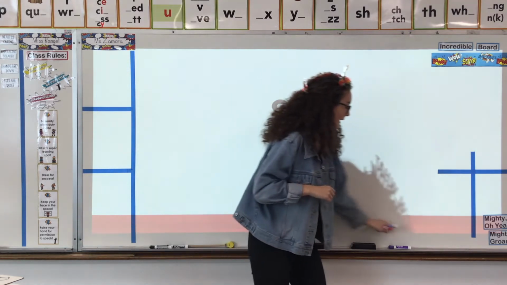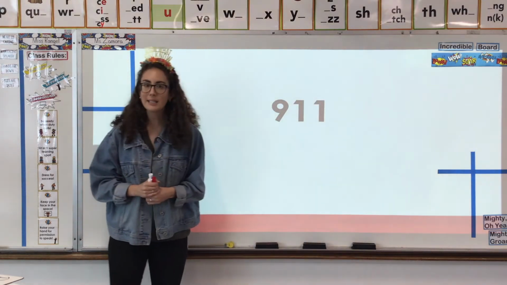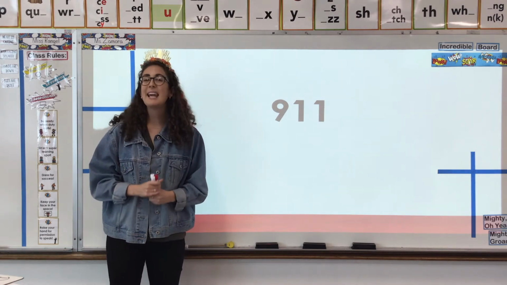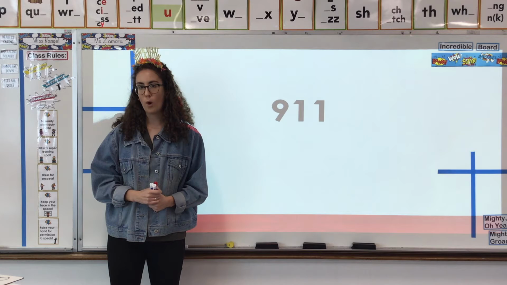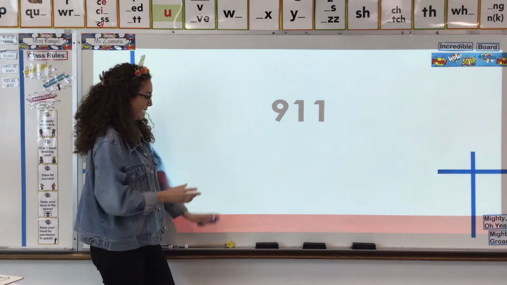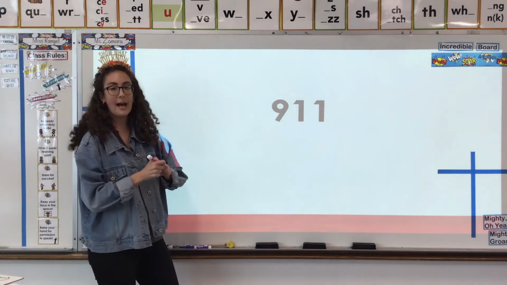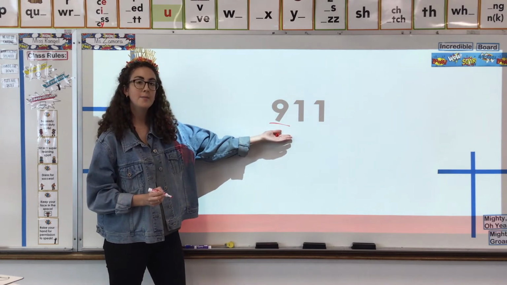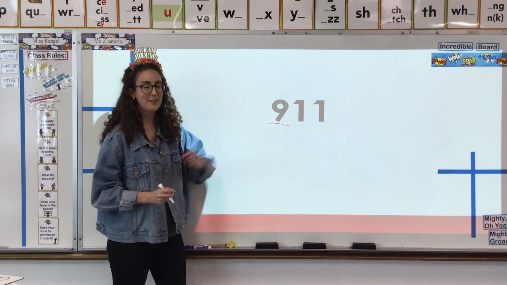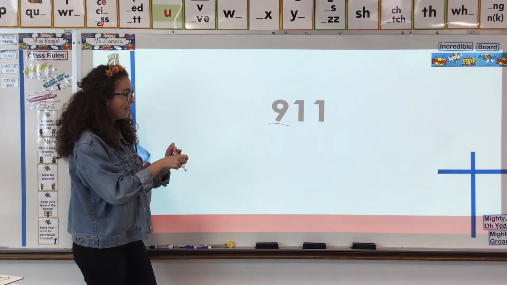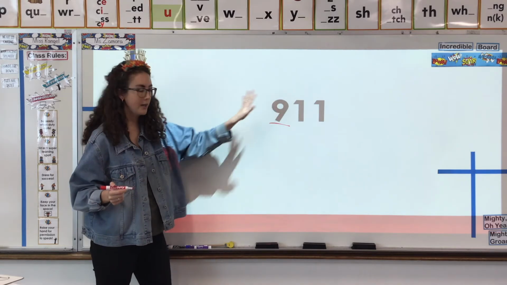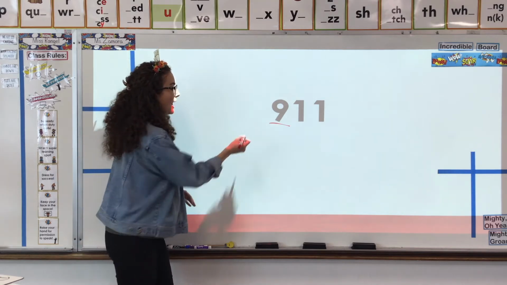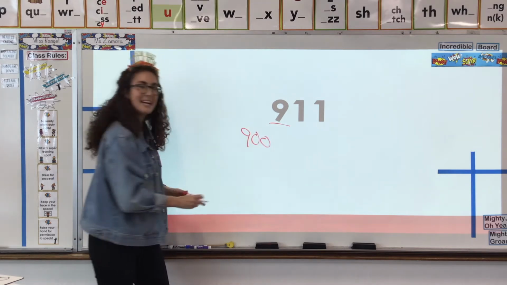Okay, let's see how quickly we can write 911 in expanded form. So let's think, this 9, what place is it in? The hundreds place. So what's the value of 9 hundreds? 900, exactly.